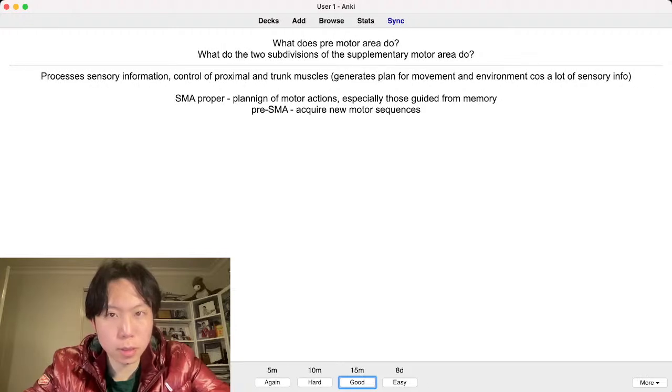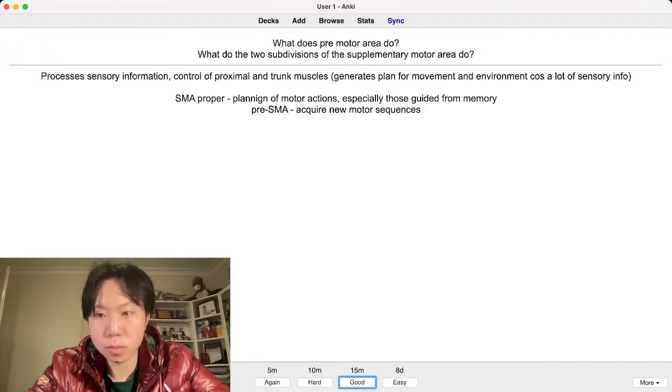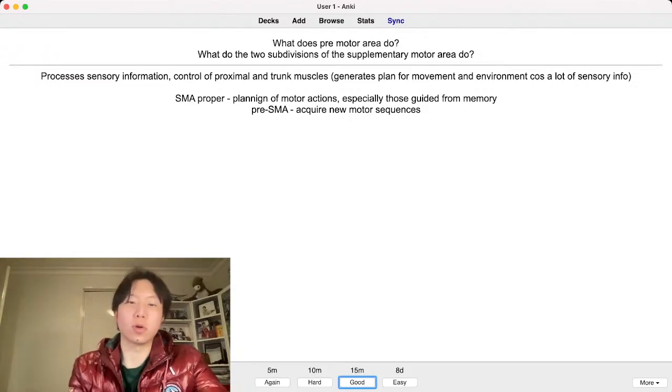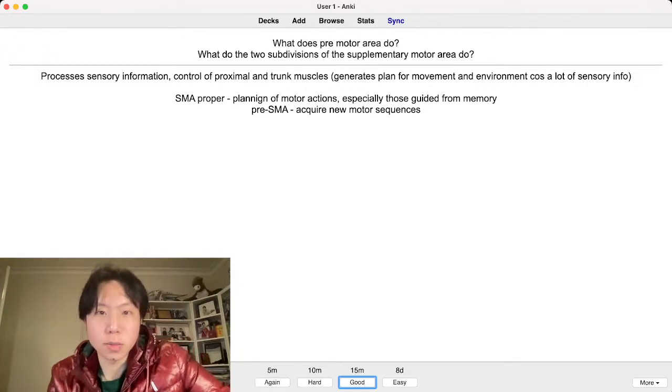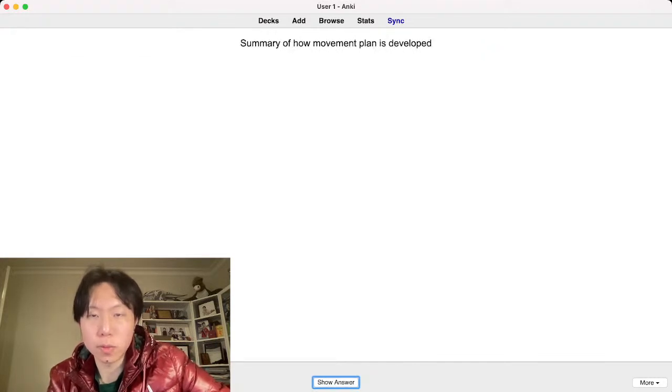Premotor, and then supplementary motor. Pre makes sense, because it's a summary of how the movement plan is developed.